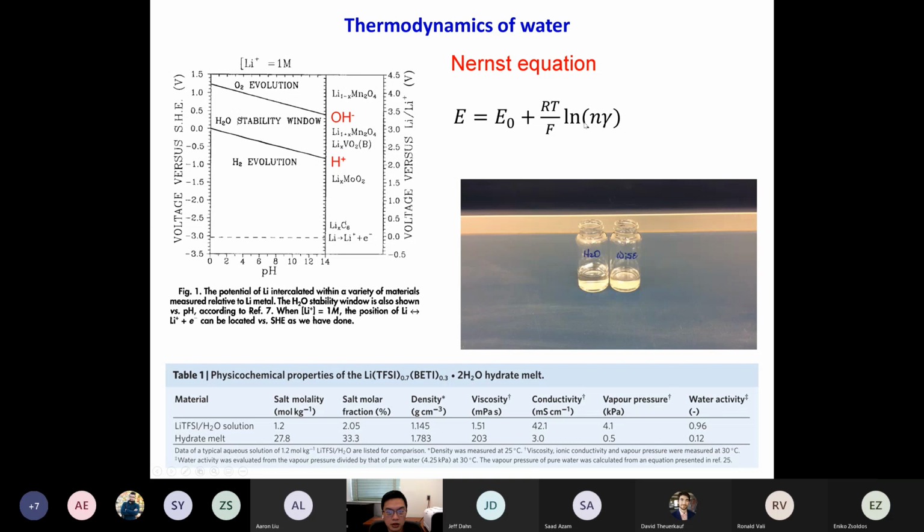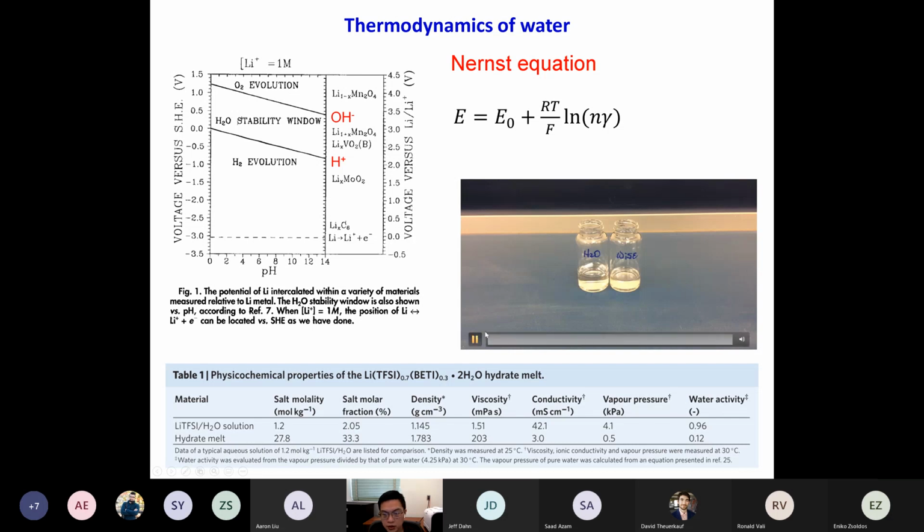So the reactant concentration will be largely reduced. Another wild thing is if you limit all the water molecules into the first solvation shell, the activity coefficient of the water will also be largely reduced. So as a result, the whole water activity will be totally reduced.